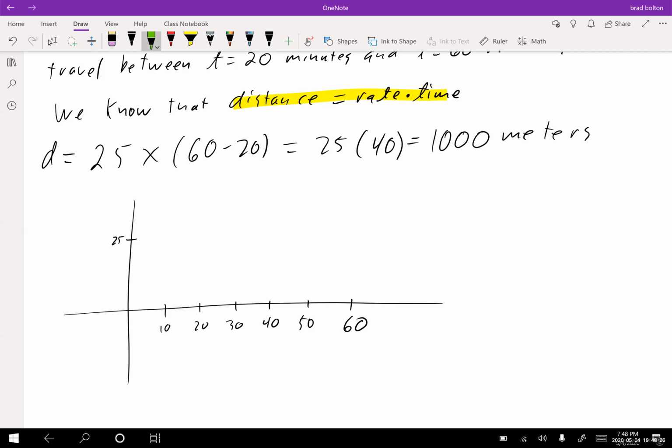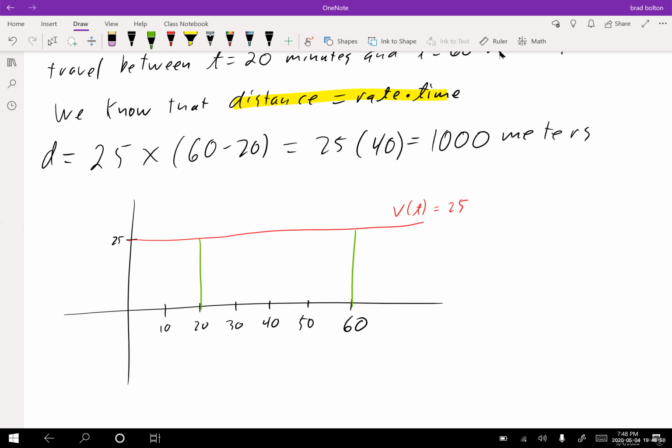Okay, so I'm going to shade in my graph. So we know that we have a constant velocity of 25. So this is V of t equal to 25 meters per minute. And then I'm going to shade in from 20 minutes to 60 minutes.